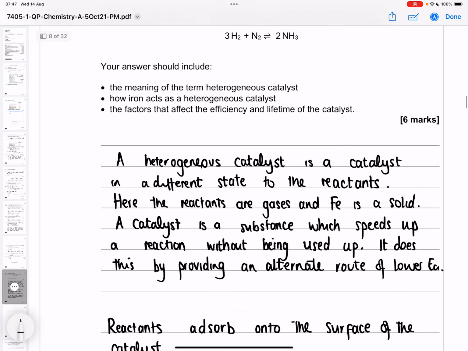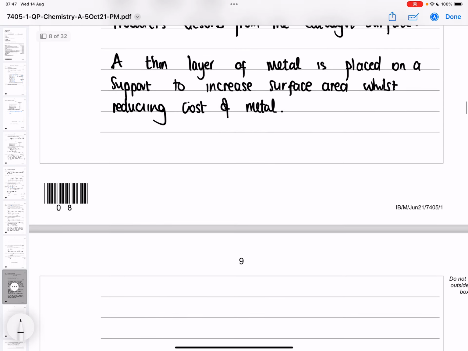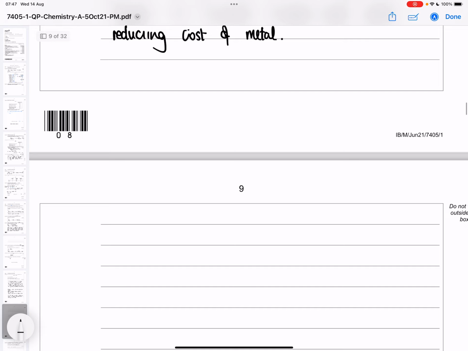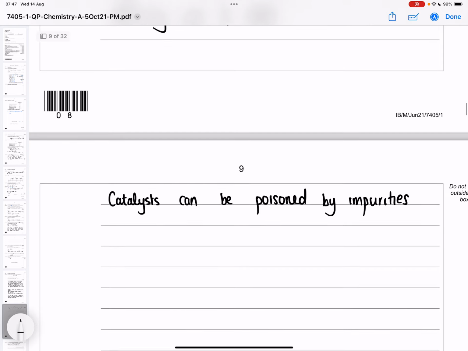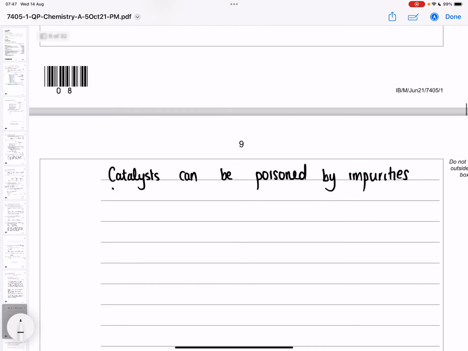And then it asked us about its lifetime. So we need to say that catalysts can be poisoned by impurities which bind to and block active sites.